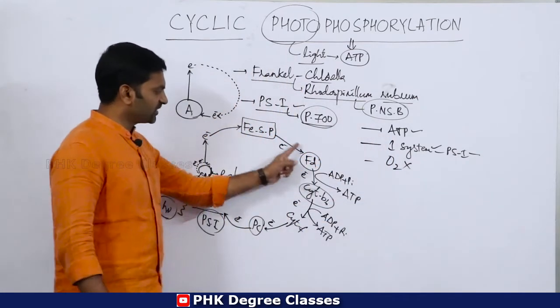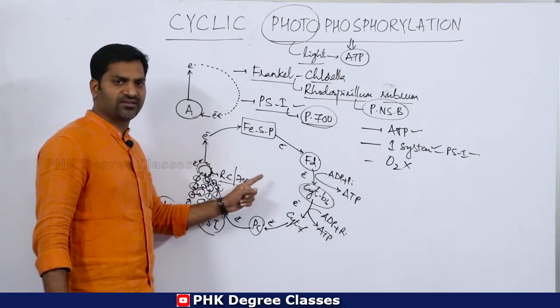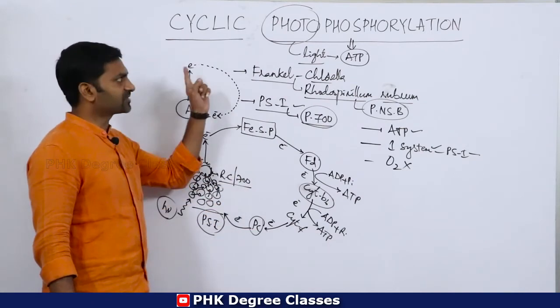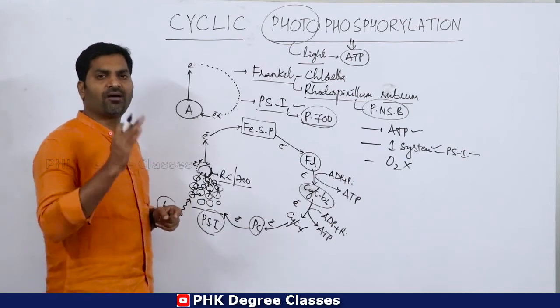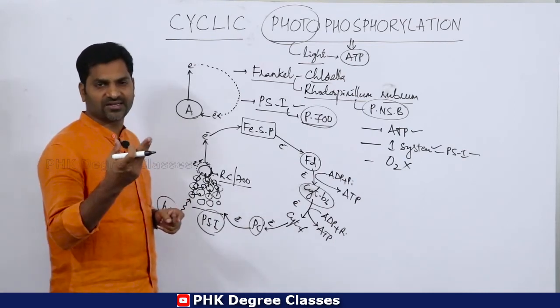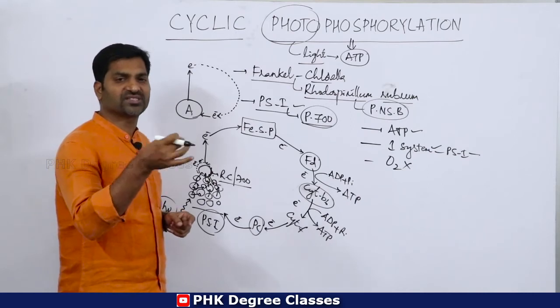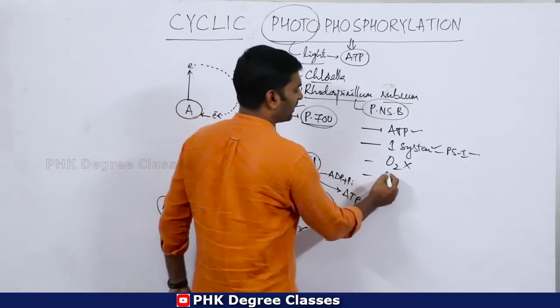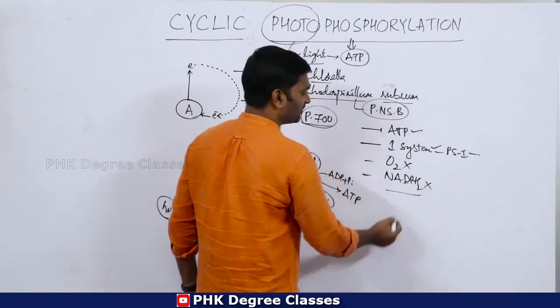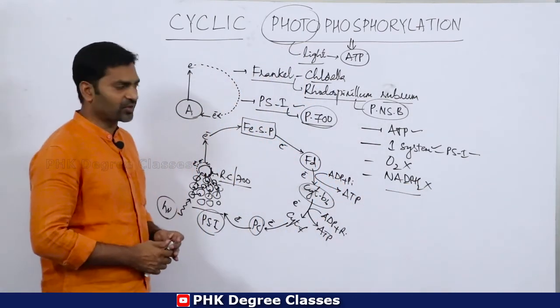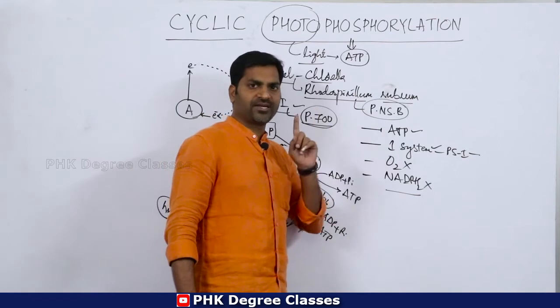Oxygen cannot be produced in cyclic photophosphorylation, whereas in non-cyclic photophosphorylation oxygen is created from photosystem 2. And there is no production of NADPH2 here. Only ATPs are formed.